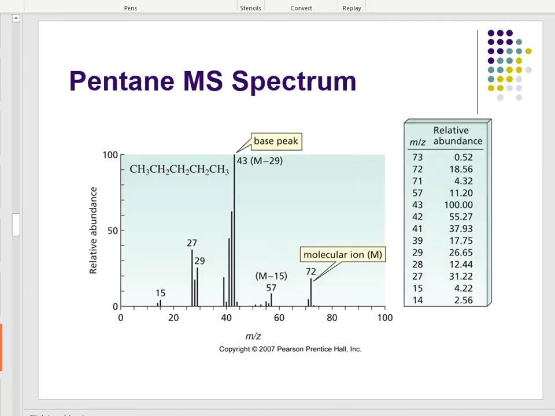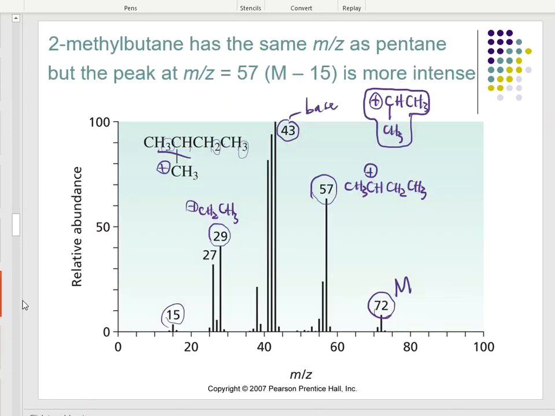This 57 is going to be much higher than the mass spectrum of pentane, which is what you're seeing here. Look at this, right? This 57 compared to the 43 is so much tinier in proportion to this scenario. 57 is going to be way higher in this case.